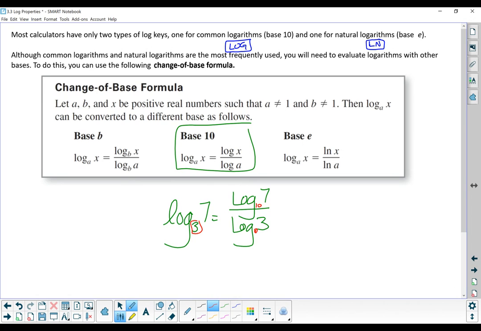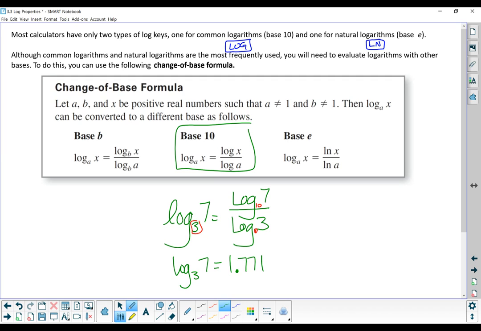So if you type that into your calculator, log of 7 divided by the log of 3, your calculator can calculate that, and it is 1.771. So that works.